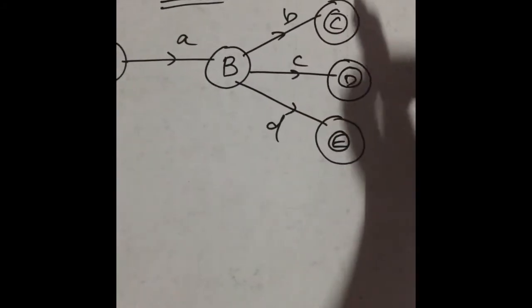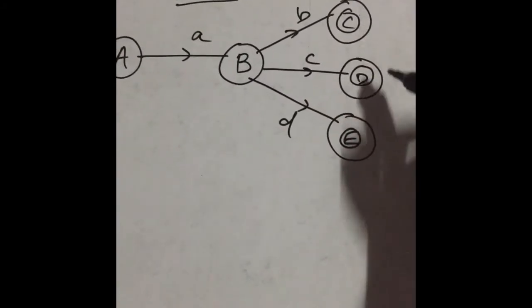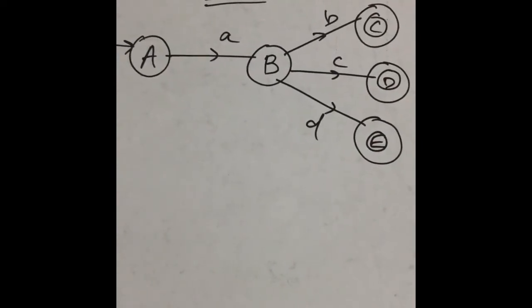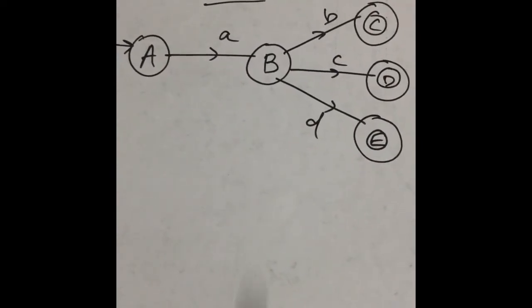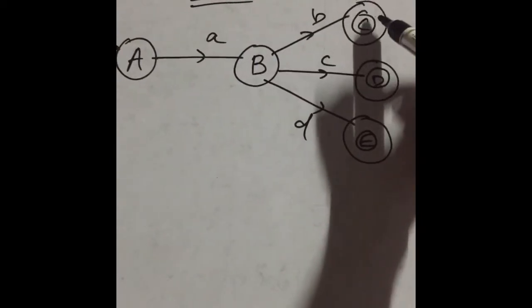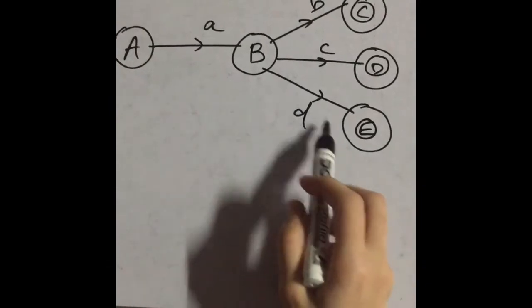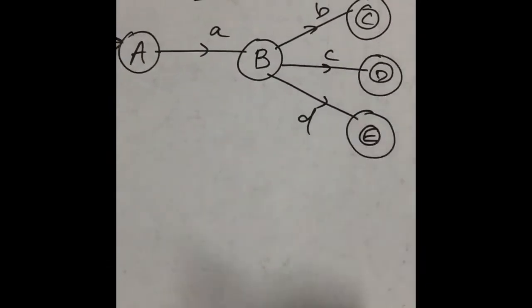We have not only one final state, we have three final states, and we check, is there any outgoing edge from all these final states? There is no outgoing edge from here, no outgoing edge from here, and no outgoing edge from here, only incoming edge to these final states.